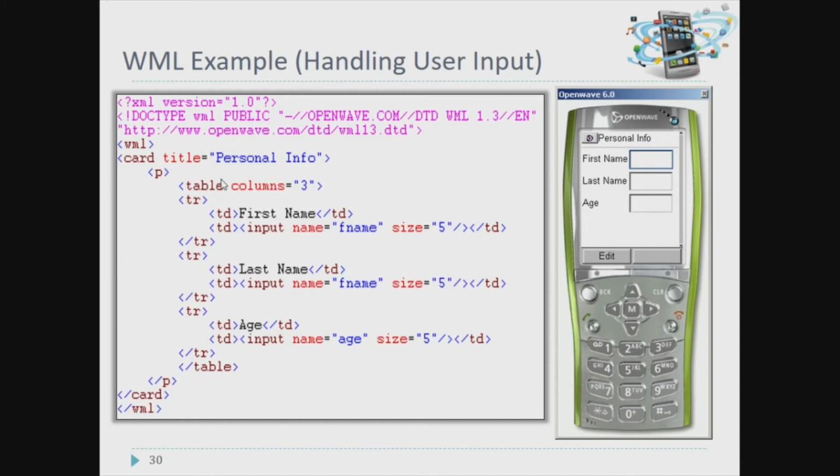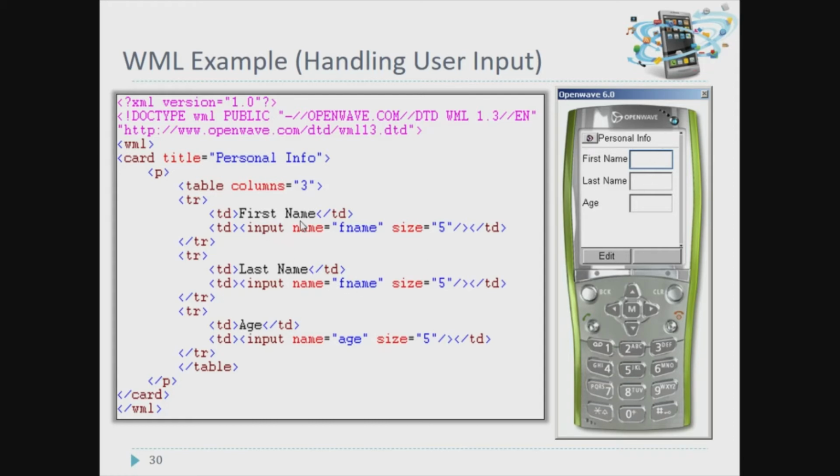So table, column, and then we have table row and table data. So this one is based on the table. The first table row has two data, first name and the input box.